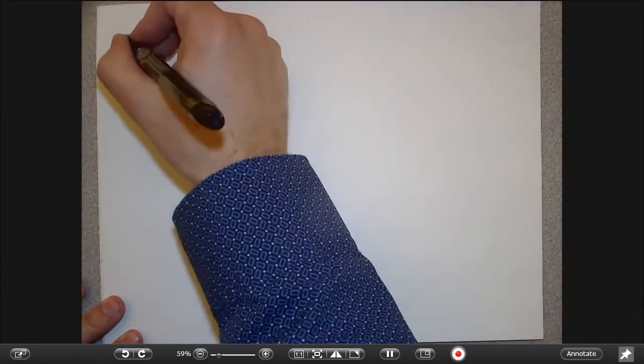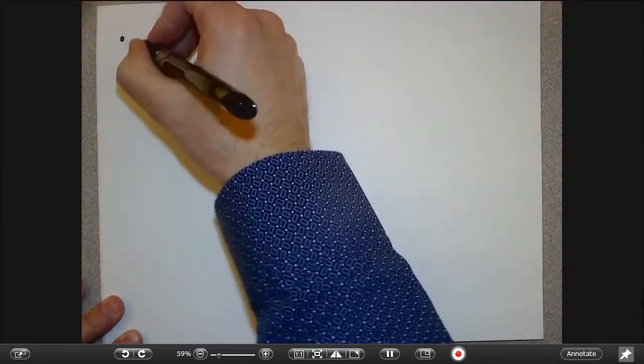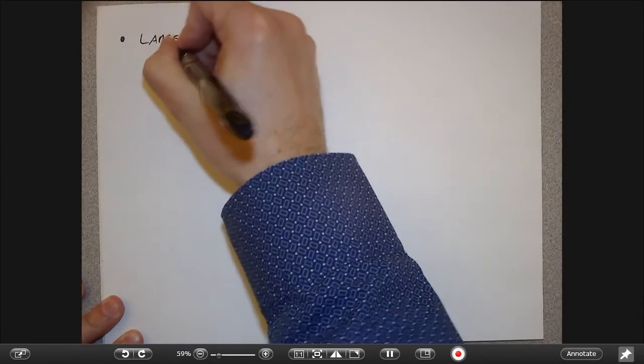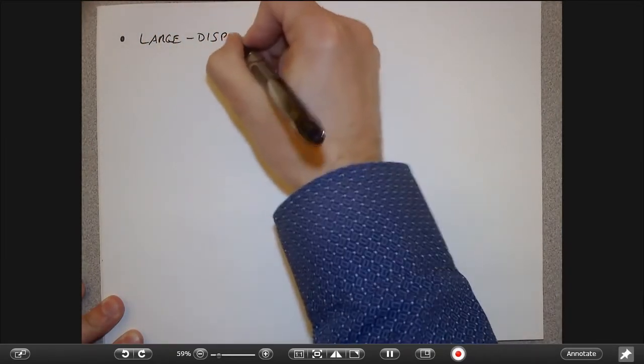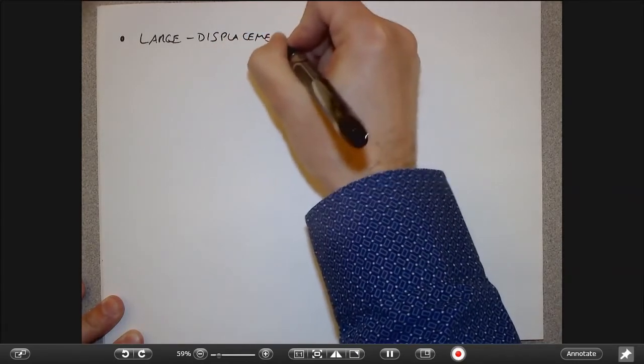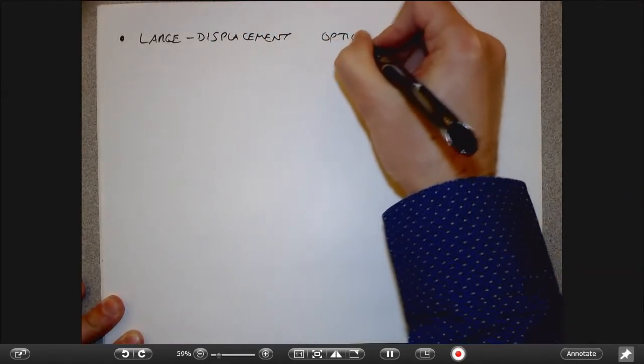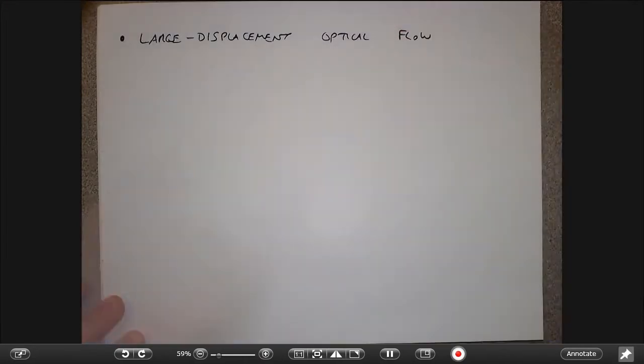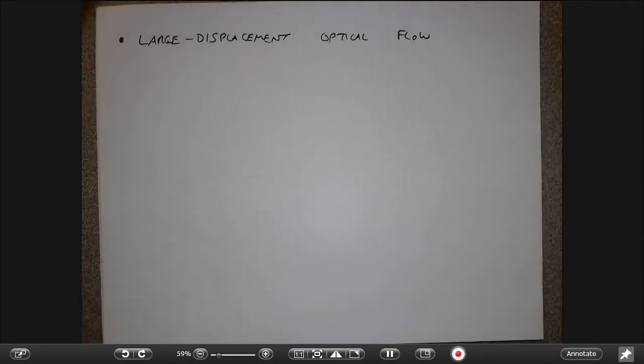Couple final thoughts. Another idea that you may see around is what I would call large displacement flow. Right, and so the assumption that we made with this hierarchical method was that at every level of the pyramid, my flow is relatively small.